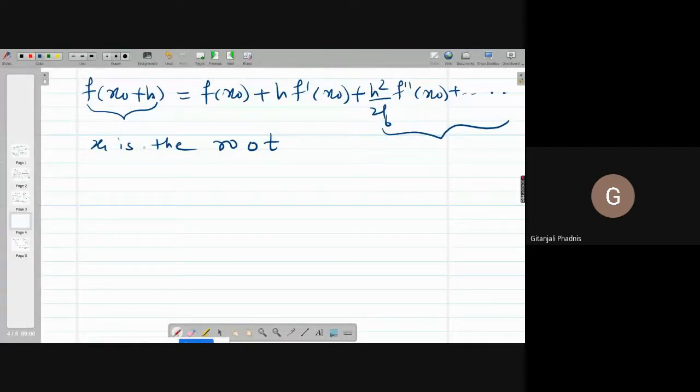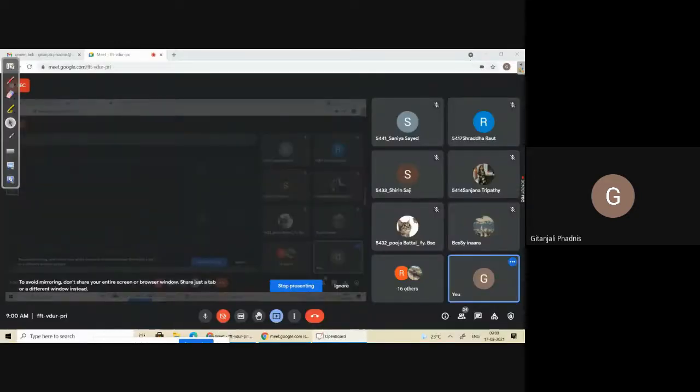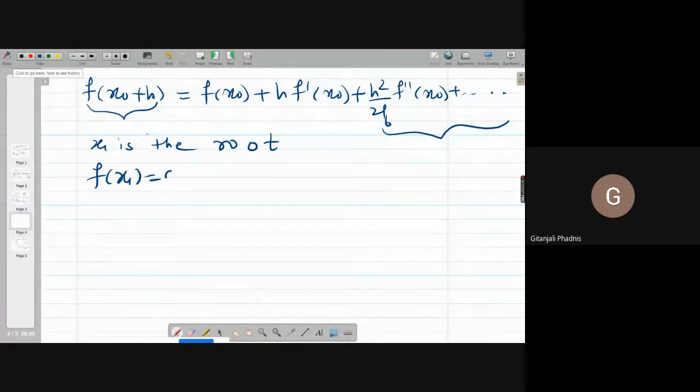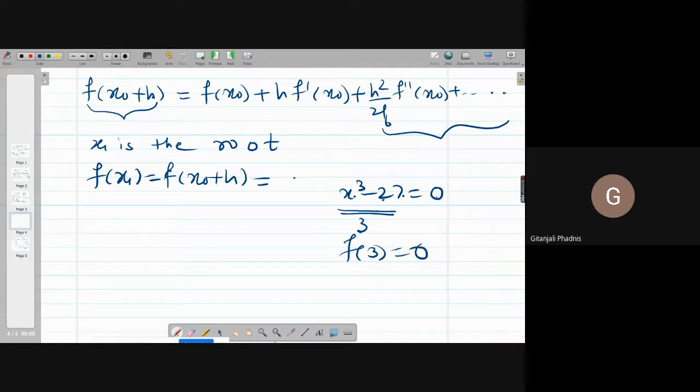So if x1 is the root, then what can you say about f of x1? When you get the root of a function, what is the value of the function there? You say that x cube minus 27 has root 3, correct? 3 cube is 27, 27 minus 27 is 0. So f of 3 will be what? It will be 0, right?